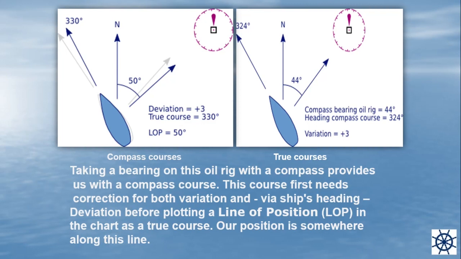Our position is somewhere along this line. Our true course is 320, no? After applying the deviation, no? Ayan, makukuha na natin yung ating true bearing or either true course, no?